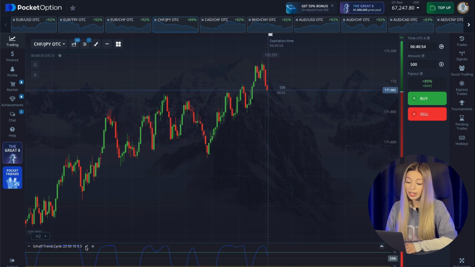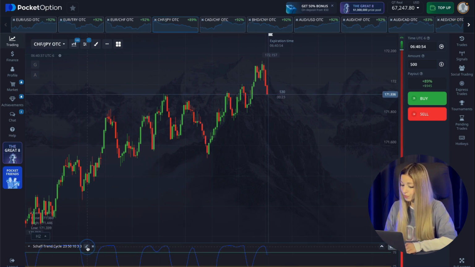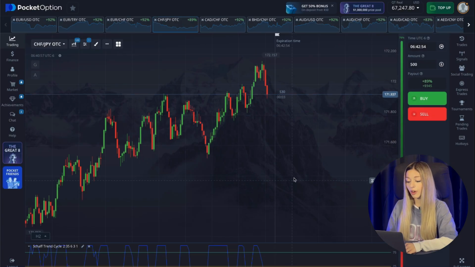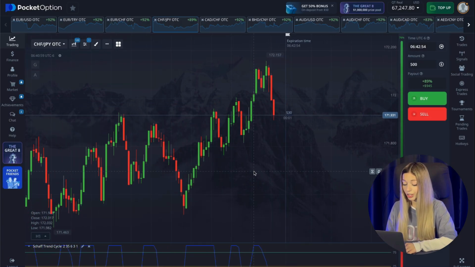But we will adjust the settings a bit. So here is 2, here is 35, and here is 1. Okay, there we go. Look, all the values are right in front of you guys. Save it, and now we need to find a good and favorite pair.